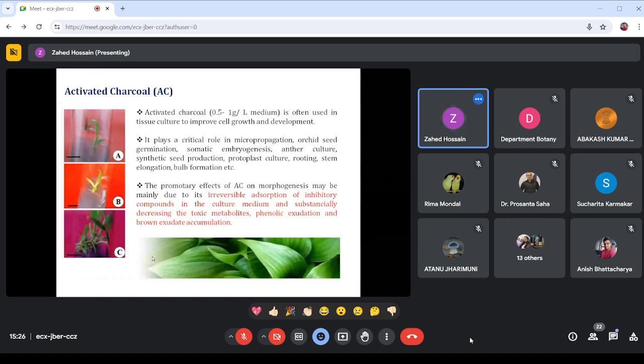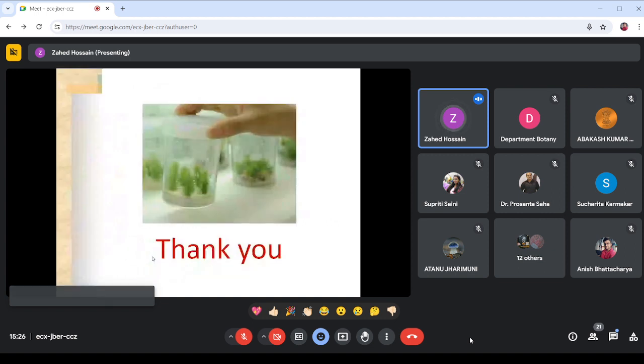That's why it is advisable to use activated charcoal in the media where you are using an explant which is known for a very high concentration of secondary metabolites.